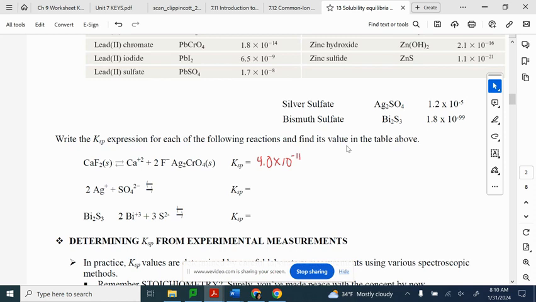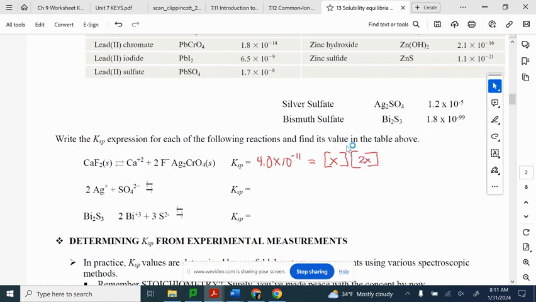Okay. All right. That's going to equal, we remember what we do here. We do the molarities of these. Well, we don't know what that molarity is for this first one. So we're going to call that X. And we're going to call this one 2X.